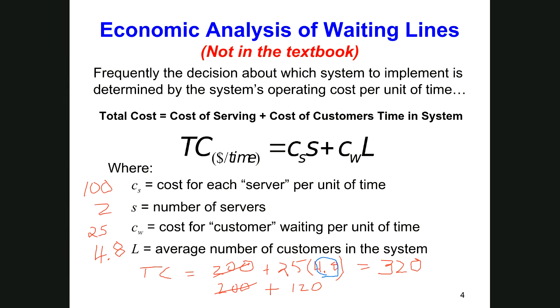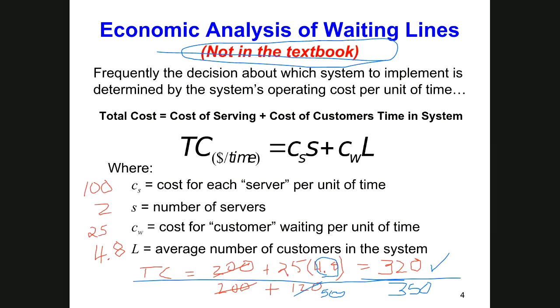So then this would go from 120 to 50. So that cost, in fact, would go up to 350. So it's still most cost effective, with just these made up numbers, to stay with 2 doctors. This is another example that is not in the textbook, nor was the information on the previous slide, so you'll want to be familiar with that.